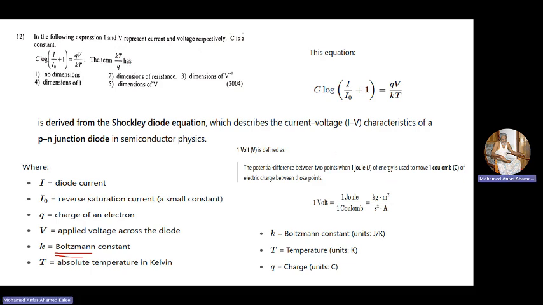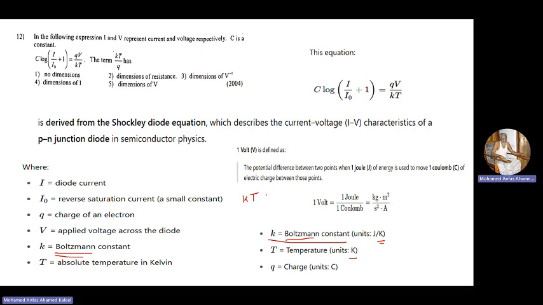So we know that the Boltzmann constant unit is joule per Kelvin. The temperature is in K. Okay, so what are the terms here? k is here. In this, what are the terms here?